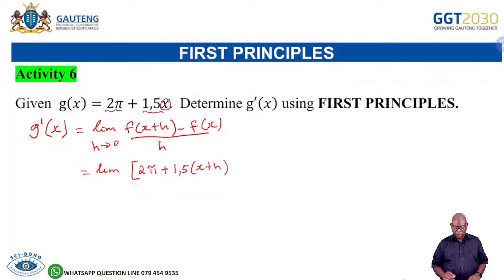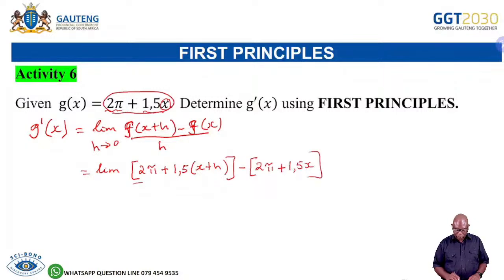Oh, now that looks simple. Then from there, minus f of x means I must repeat it as it is. All right, remember in this case it's going to be g of x. So now I'm going to say 2 pi plus 1,5x, all divided by h when h is approaching 0.